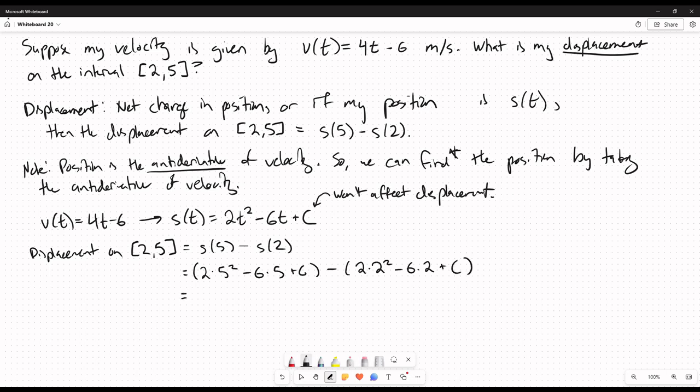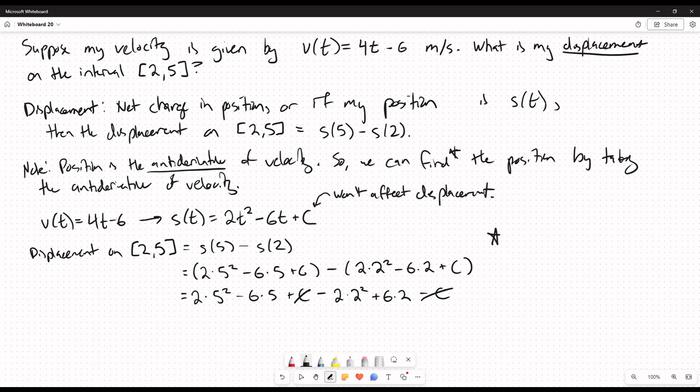I'll evaluate these things soon. But before that, I'm just going to distribute the negative and see what happens. When I distribute this negative, that's a plus sign now, I see that these constants c are just going to cancel out.